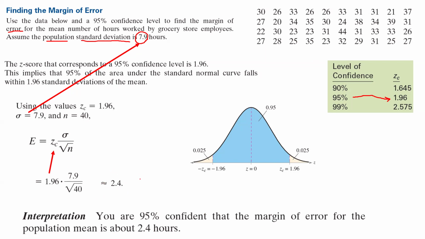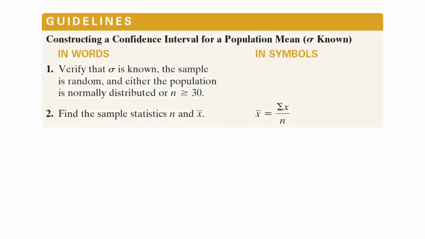Now that we calculated the margin of error, we are interested in knowing how to calculate the confidence interval itself. In constructing a confidence interval, first verify that sigma is given to you. Sigma is the population standard deviation.